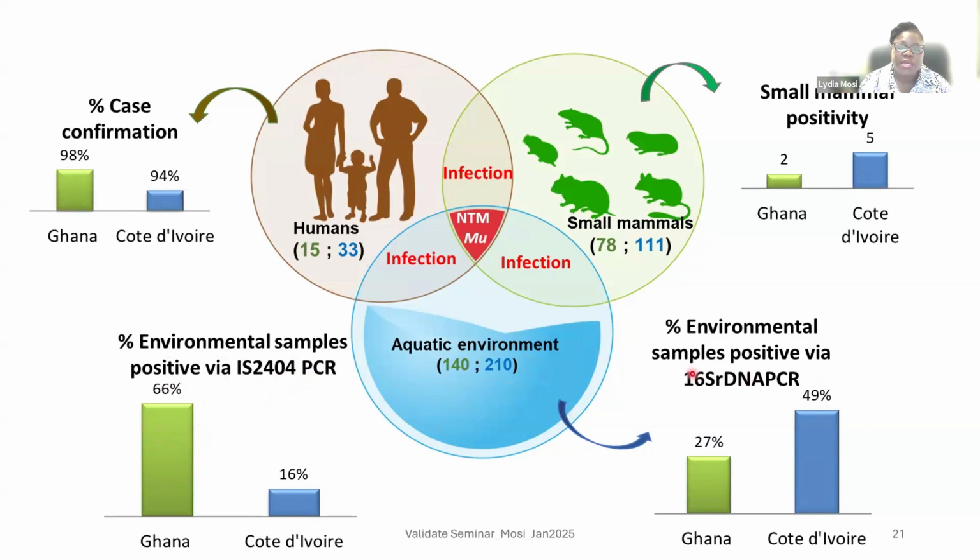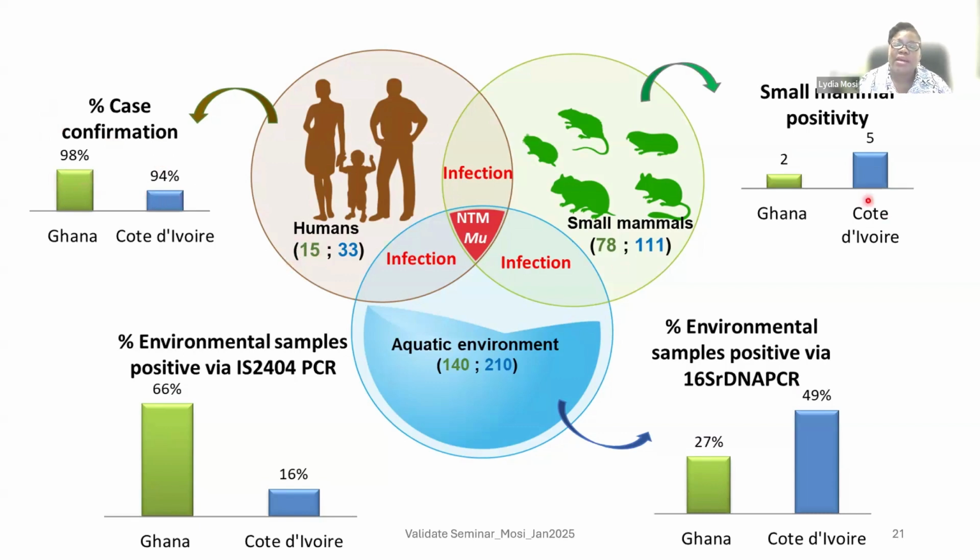And when we used mycobacterial 16S ribosomal DNA as the marker, Côte d'Ivoire came up more strongly positive. When we looked at the human cases that we were able to sample, we were able to conduct and confirm 98 case positivity in Ghana versus 94 in Côte d'Ivoire.